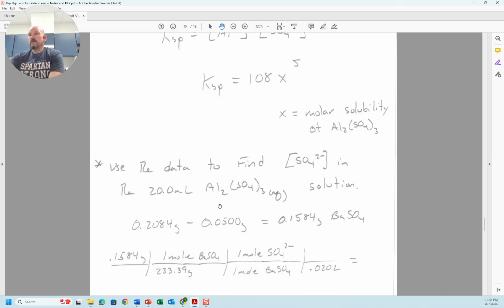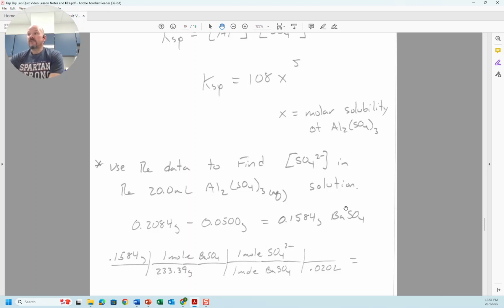So what did they do? They took 20 milliliters of the aluminum sulfate saturated solution, so it's at equilibrium, and they flooded it with barium nitrate. And we should know that barium and sulfate are then going to precipitate out of solution. So they used an excess amount of barium nitrate to ensure that all the sulfate precipitates out. They filtered and massed the precipitate to figure out moles of the precipitate.